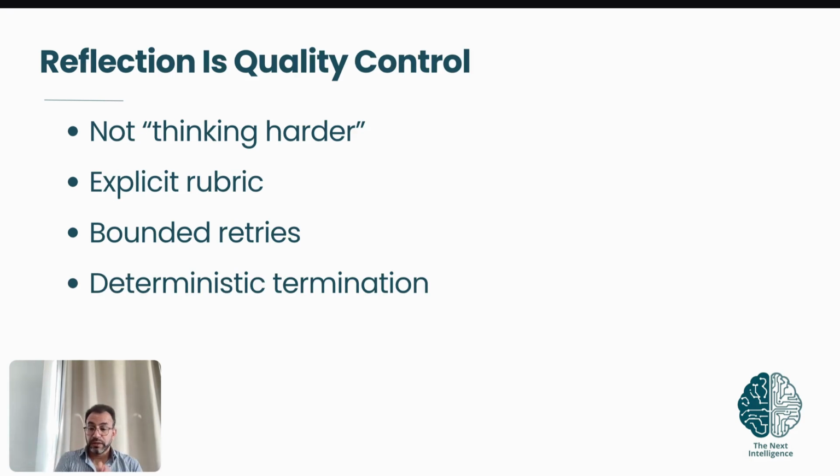And with all of this happening, we really need to pause for a moment as an agent and reflect on what happened. And that doesn't happen by just thinking harder. We should have explicit rubrics. We should have explicit boundaries for retries, as to set a number for how many times we can retry an action.